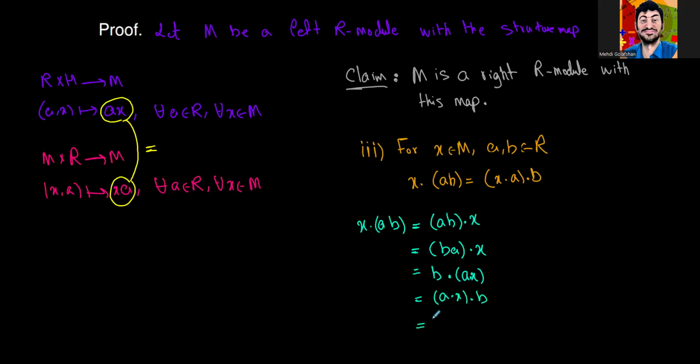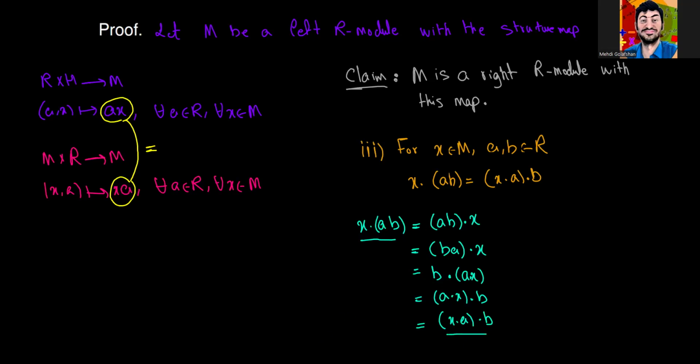So right now we can say that X and A can commute, based on these rules. And it's commutative also, it's even stronger. So anyway, X times A times B.